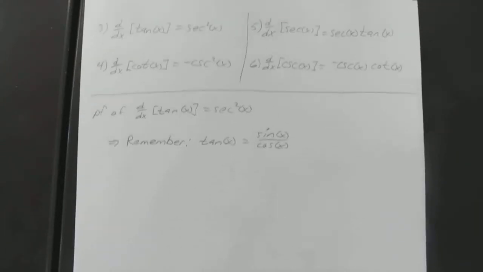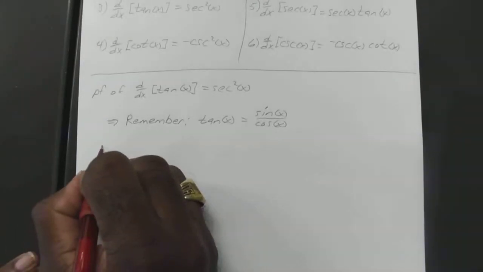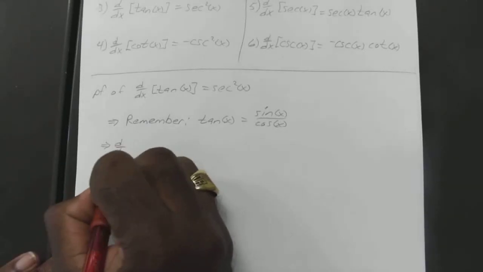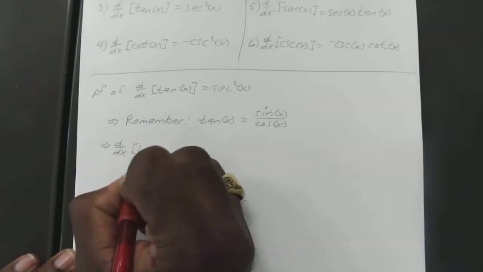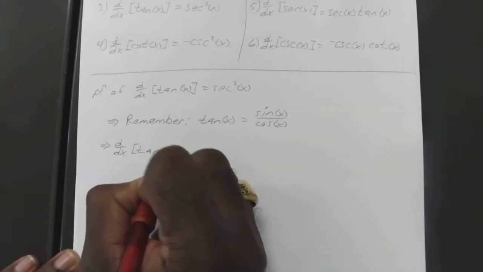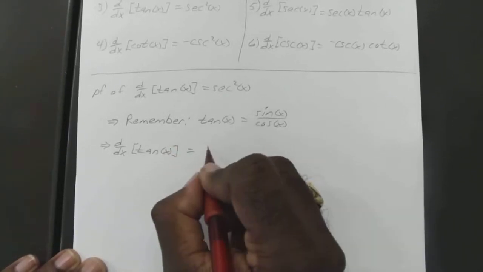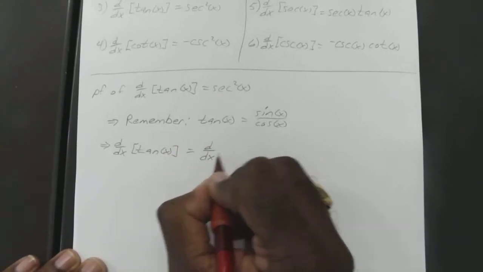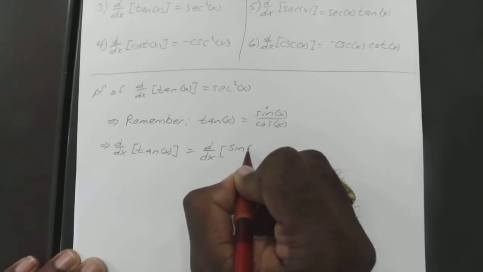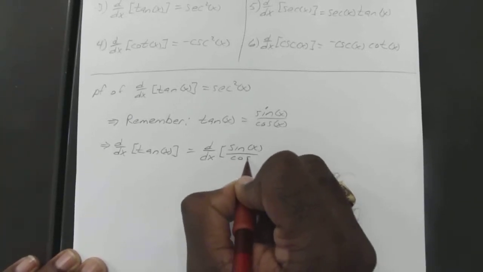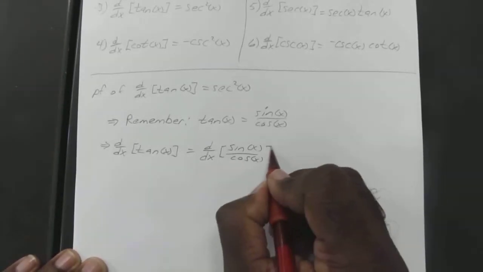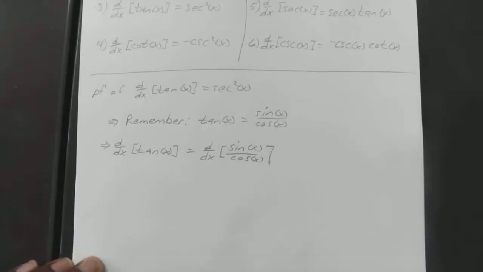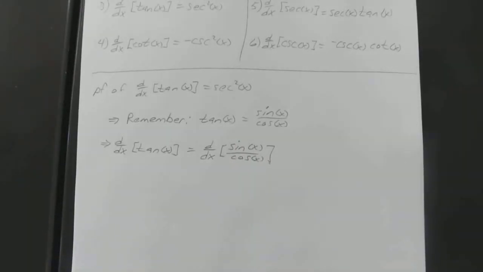So the derivative of tangent x is equal to the derivative of sine of x over cosine of x. And there we can just use the quotient rule.